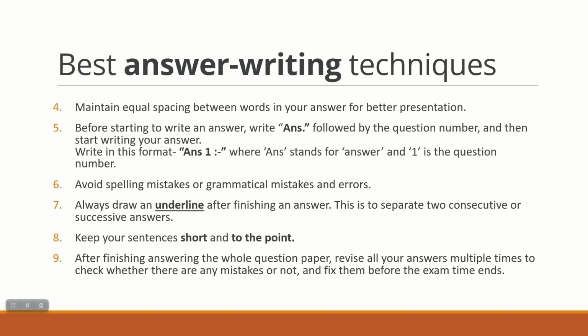But after writing ANS, you should write the question number followed by a colon and then a hyphen. You may use some other symbols as well, the right bracket, the right arrow bracket, that is also fine, or you may use just the colon and that is also fine. There is no problem in that.